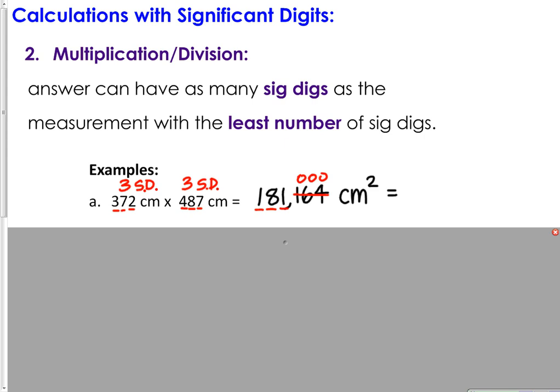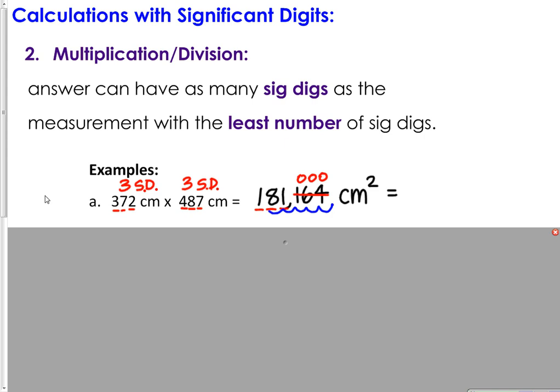But there's a problem with this. If you notice, this is a big number that ends in zeros. It must be written in scientific notation. So if you remember, the decimal's currently at the end, and to get a number between 1 and 10, we'd have to move it 1, 2, 3, 4, 5 places.